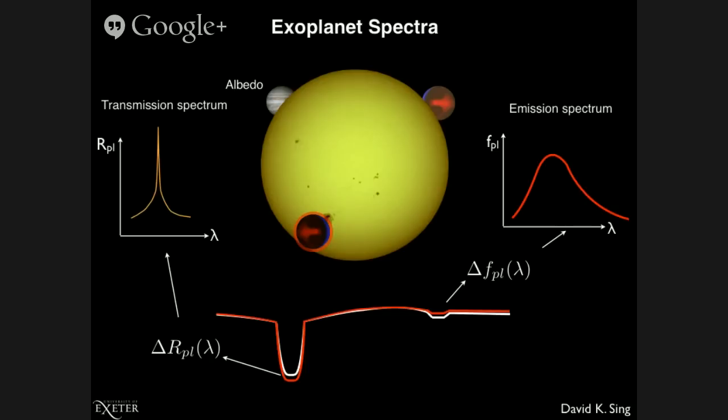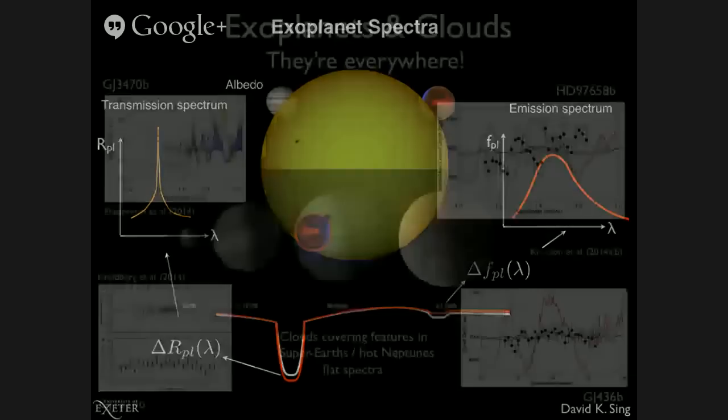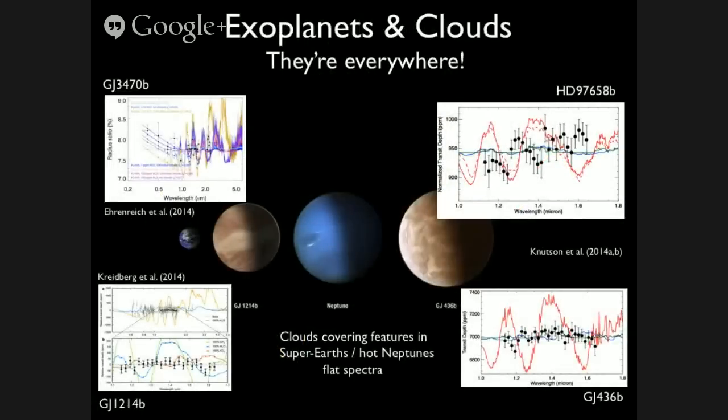Now, this year, already, and it's not even over yet, has been pretty remarkable for the spectra of smaller, cooler planets, and there's this recurring theme of clouds. The transformational part is that we have more small planets to look at, and the new capabilities with Hubble mean that we're starting to get spectra.